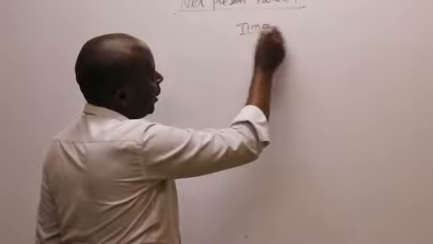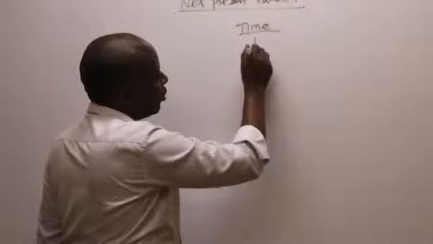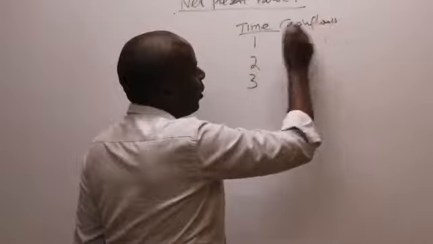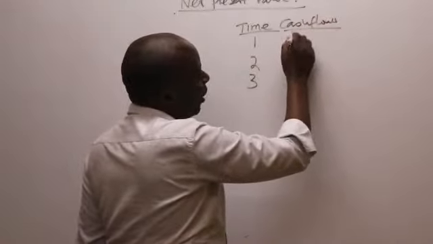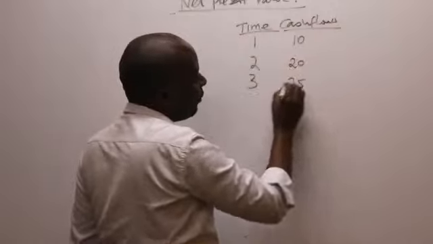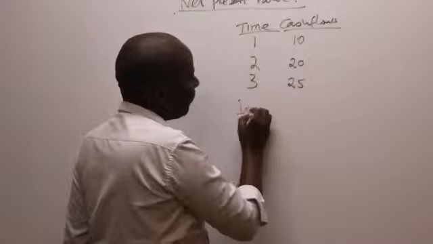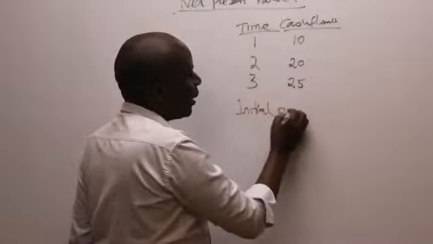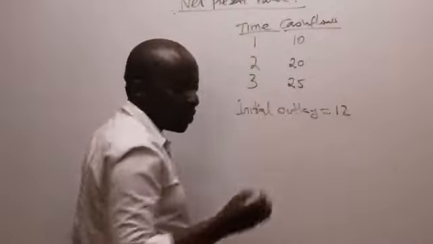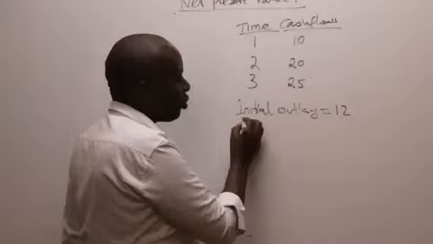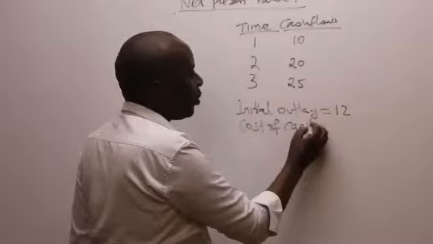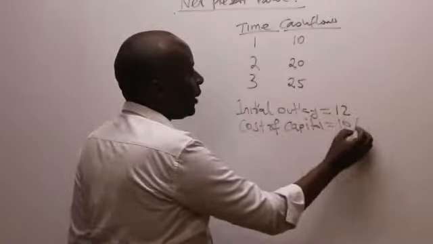He tells you that if you invest in some projects, so we have 1, 2, 3, we have here our cash flows. In year 1, you're going to get 10, year 2, you'll be getting 20, year 3, you'll be getting 25, and then the initial outlay is 12 shillings, and then the cost of capital is 10%.